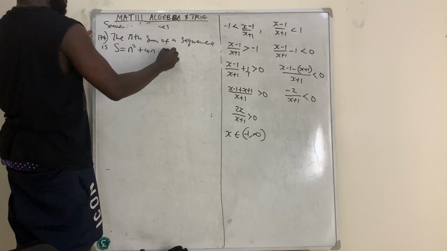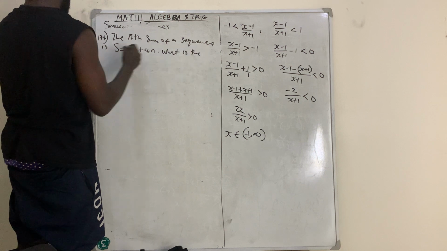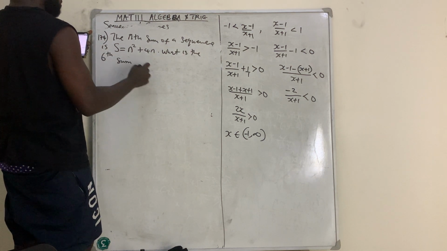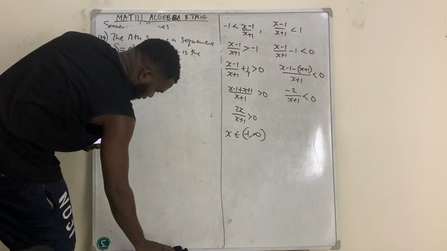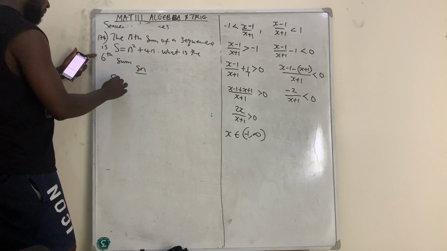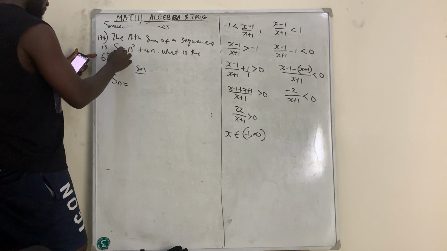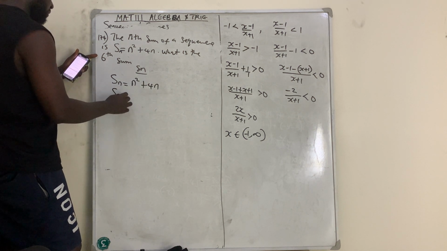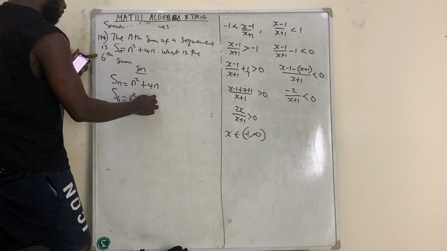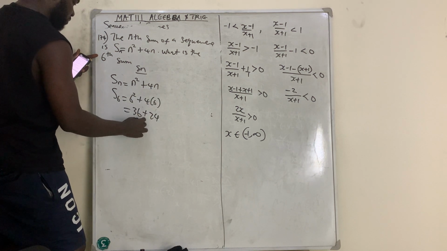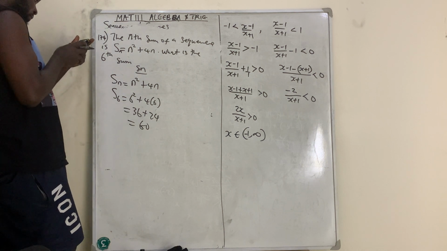Then it asks, what is the sixth sum? We have solved this question before, so that is a repetition of the question. They have given us the formula that Sn is equal to n squared plus 4n. So S6 is equal to 6 squared plus 4 into 6, which is 36 plus 24, which is 60. Okay? So that is that.